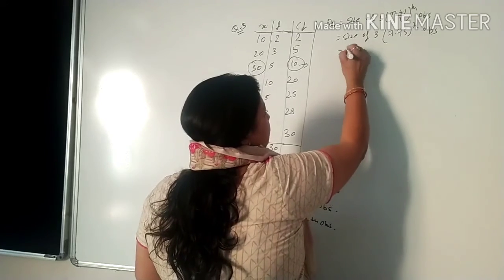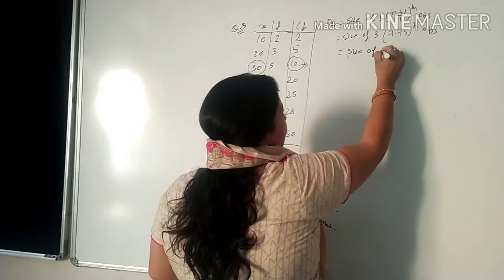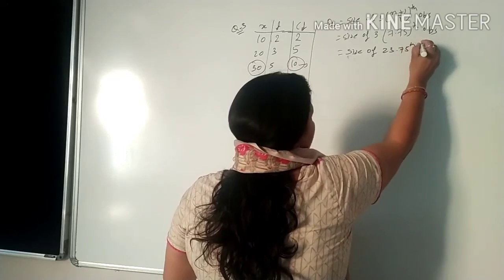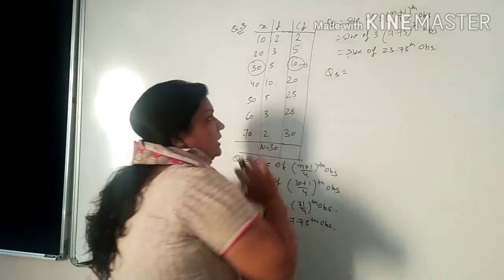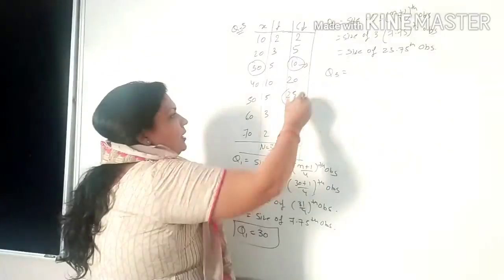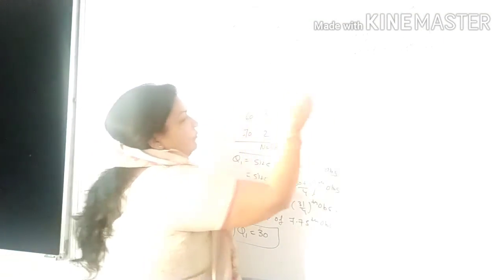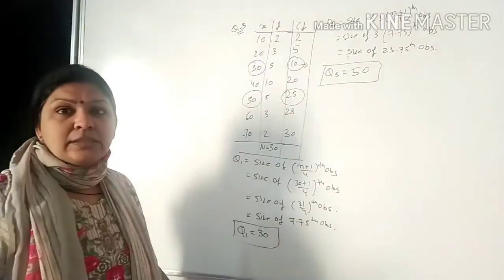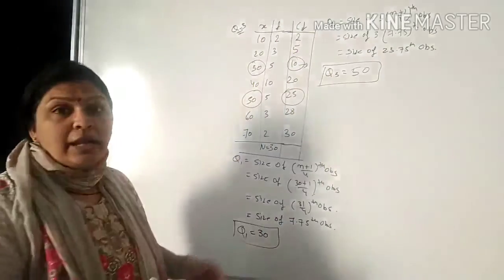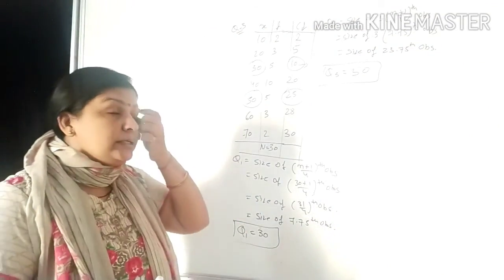Size of 23.25th observation. Clear? Now see in the cumulative frequency. 23.25 consider here. What is the x? 50. So your Q3 equals 50. Clear students? This is about the individual series and discrete series.